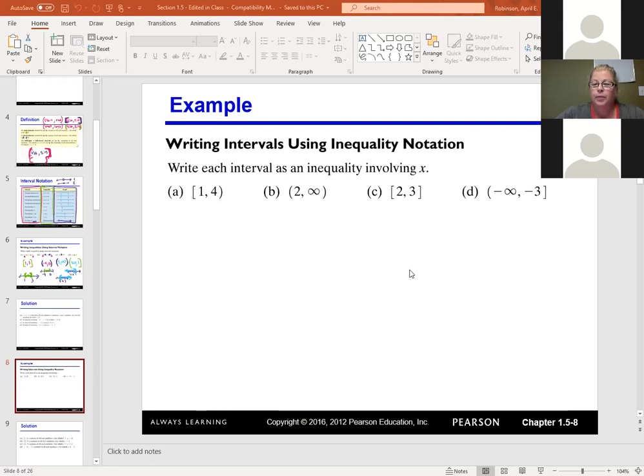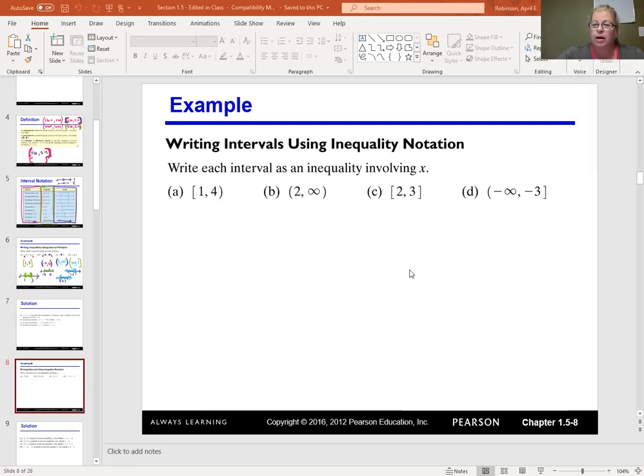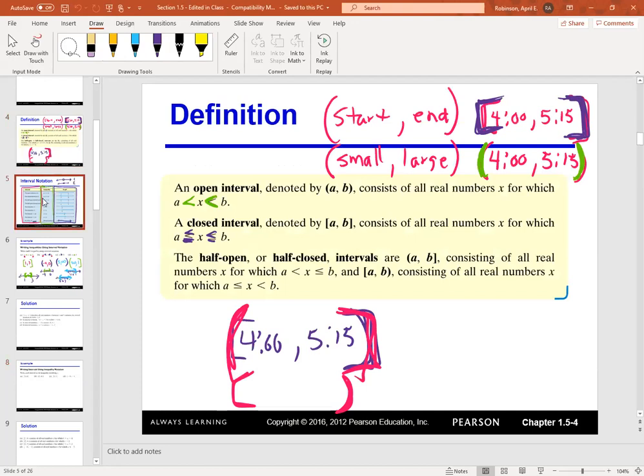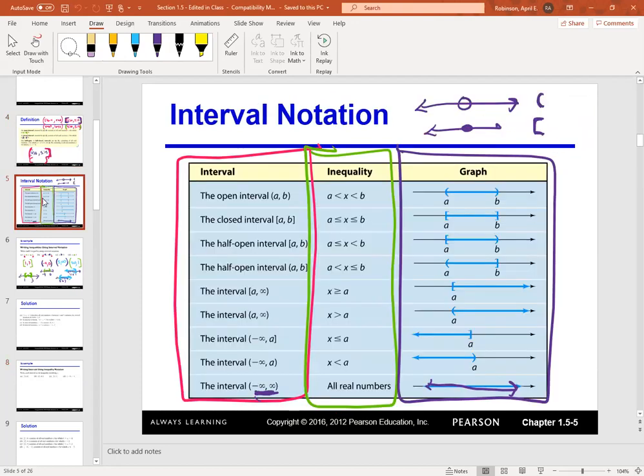Well, I'm going to pick up where I left off last time. We had gone over intervals, and then there was this page that showed all the different types of intervals.